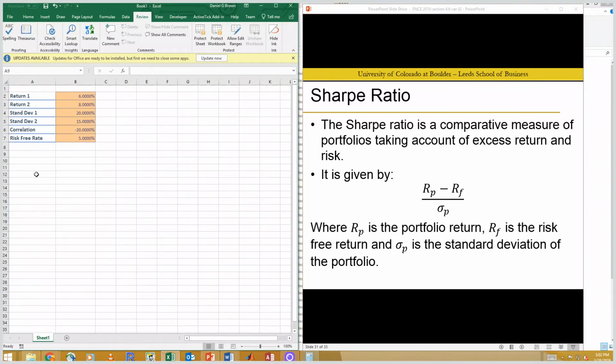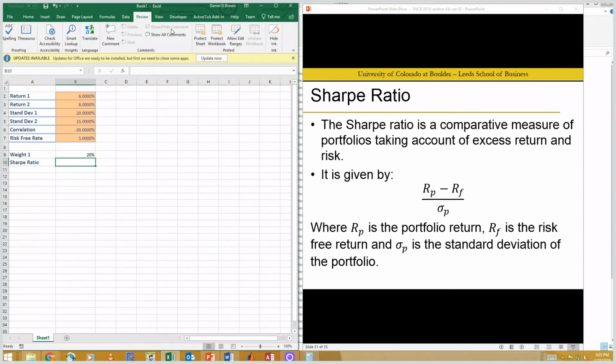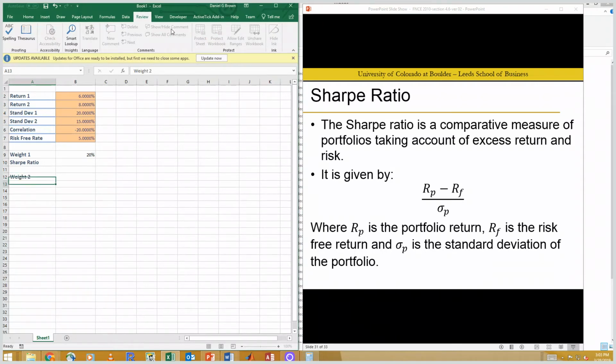So let me start by defining the weight of the first stock. We want to know the Sharpe ratio for the portfolio given this weight. Now, I can't calculate it immediately. I need to do some more work. So I need to find the weight of the second stock.